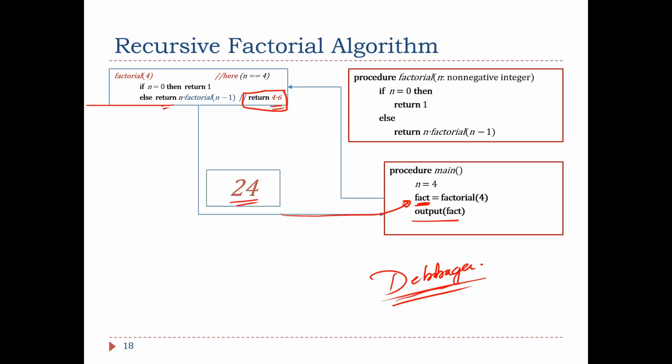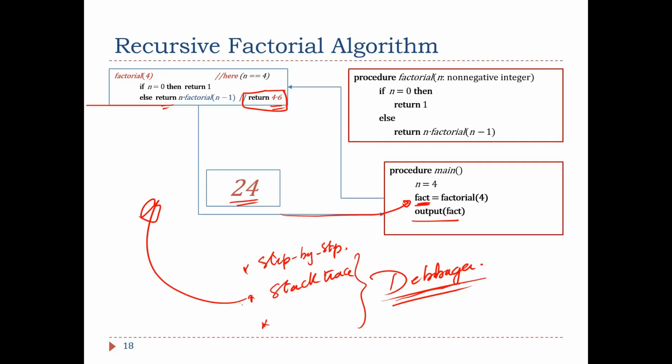The debugger would help you go step by step over your instructions, and would also show you the stack trace, so everything that is in the stack of calls between the functions. It would also show you the variables window, or whatever it's called in your debugger, to show you the values of the various variables that you have inside your code. Okay, and this is really cool.